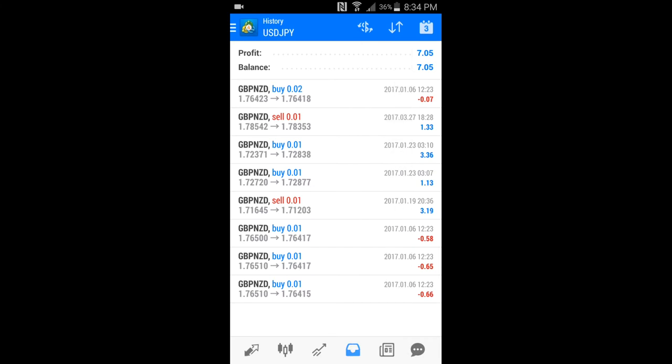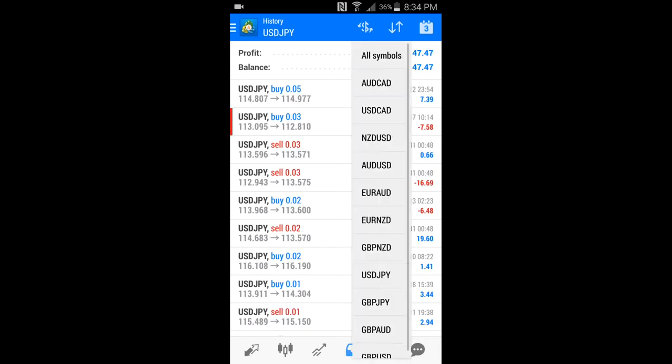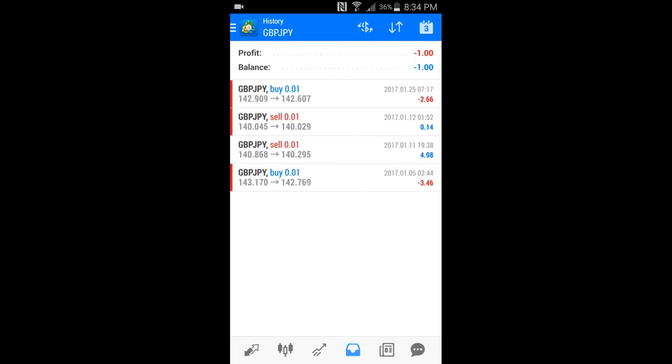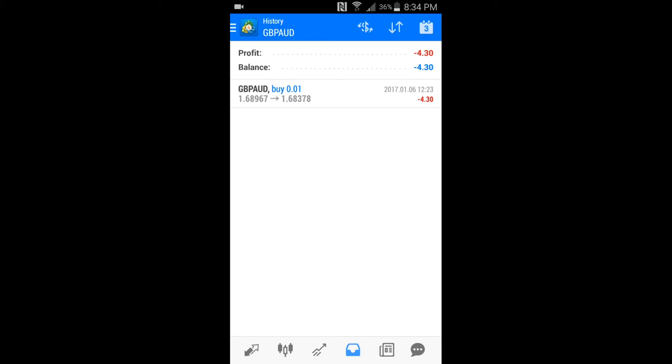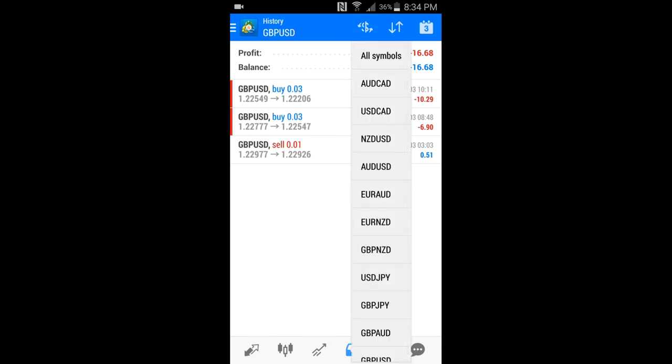US dollar JPY, 47.47. Pound JPY, negative $1. Pound Aussie, negative $4.30. And pound US again, an L. I'm going to rectify this pound US. Okay, and those are the trades that I took.